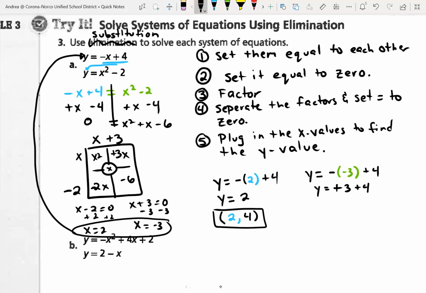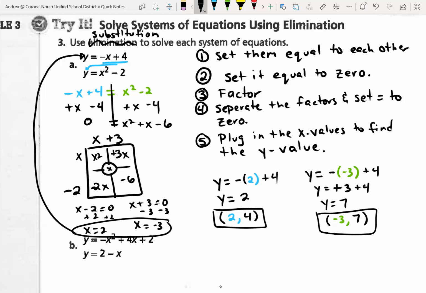So when you're solving, right here, we have x minus 2 equals 0. I have to add 2 to both sides. So that's why my 2 is positive. X plus 3. So this becomes y equals 7. So my ordered pair here is negative 3 and 7. So those are my 2 solutions.